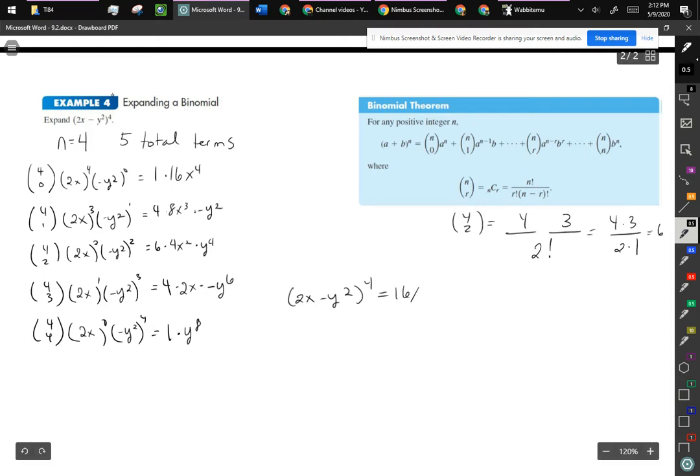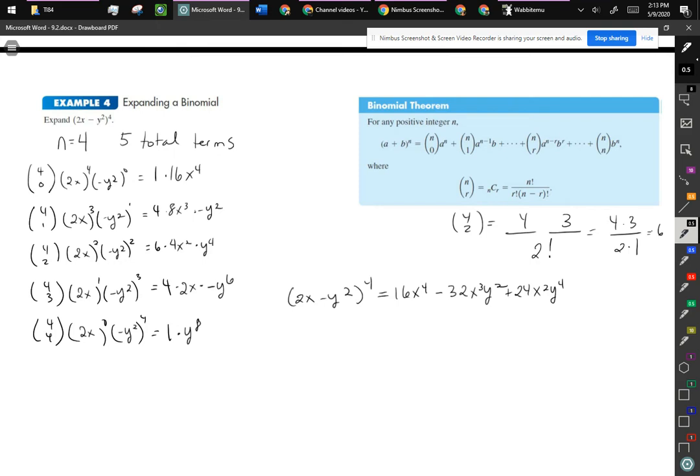16x to the fourth. For the second term, it's going to be negative 4 times 8 is 32, so minus 32x cubed y squared. For my third term, it's going to be 6 times 4 is 24, positive 24x squared y to the fourth.